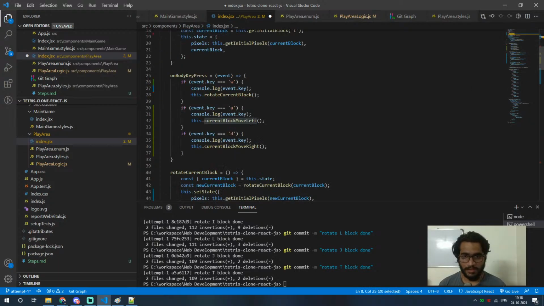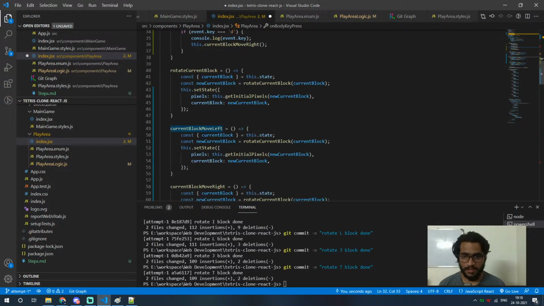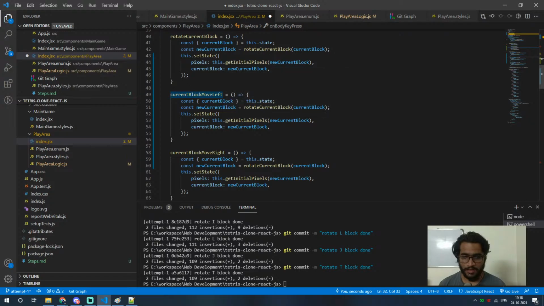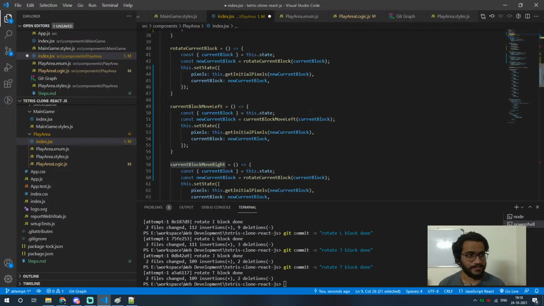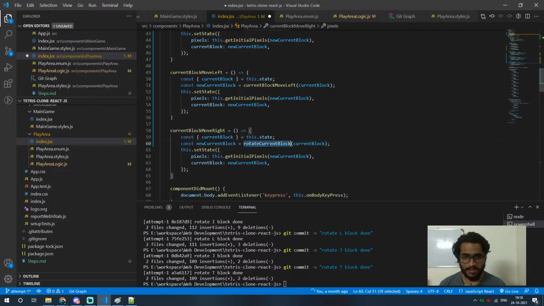And for right we will copy paste rotate.